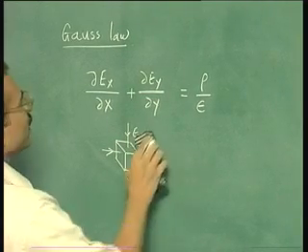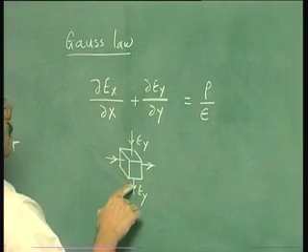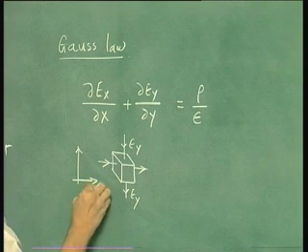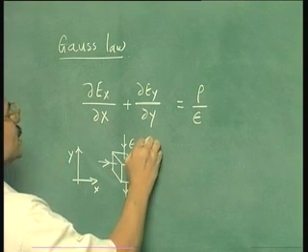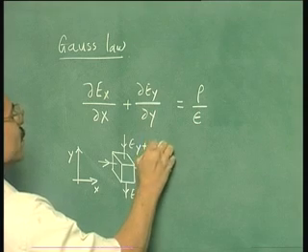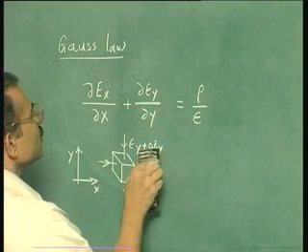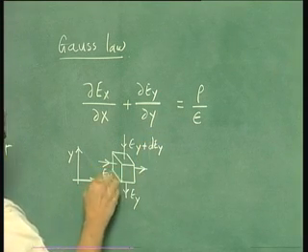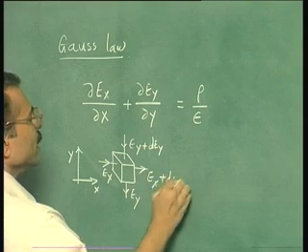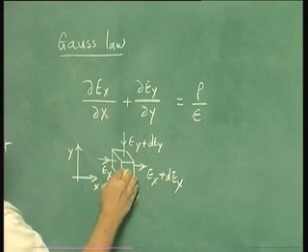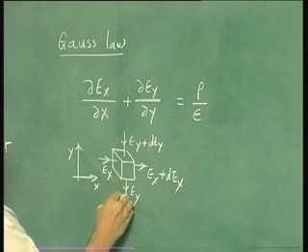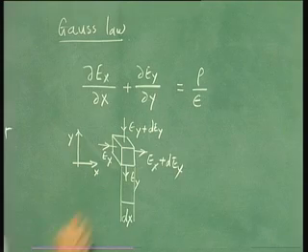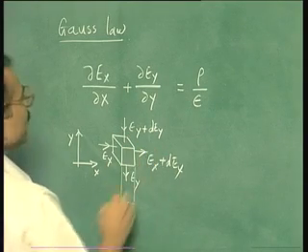Actually this is Ey and, since the field is in this direction but y is upward and x is this way, this is Ey plus delta Ey or dEy. Similarly this is Ex and this is Ex plus dEx. Now this is dx and this is dy.